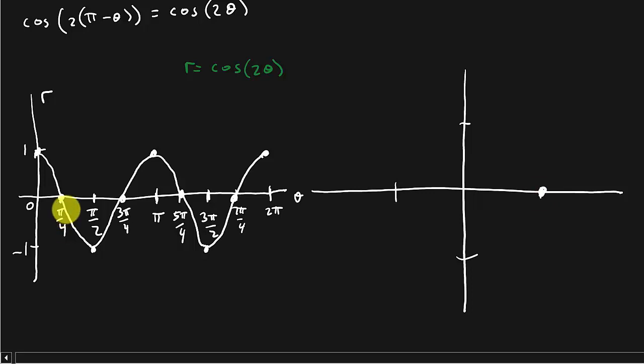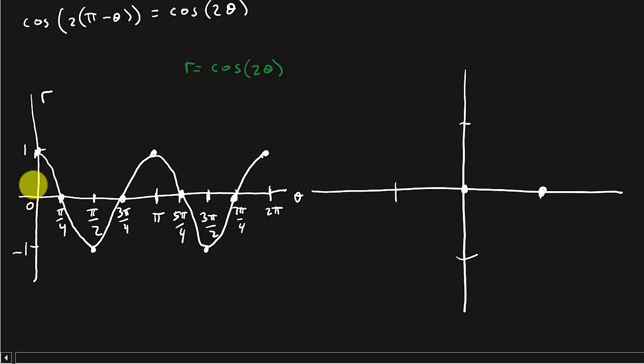Now, when r is 0, this is like our y-axis r, we're at pi over 4. So that would be back here, right? So that graph, and what is it doing?